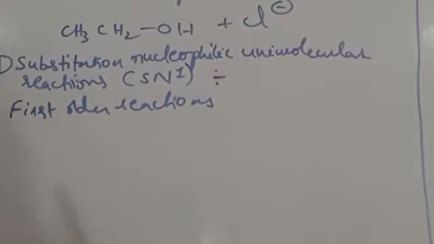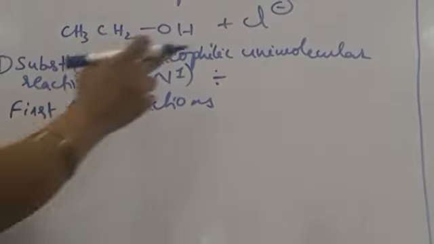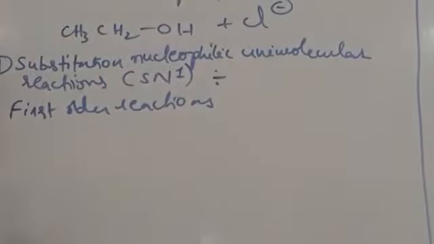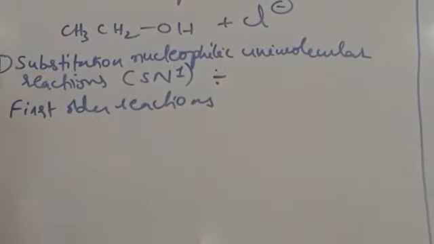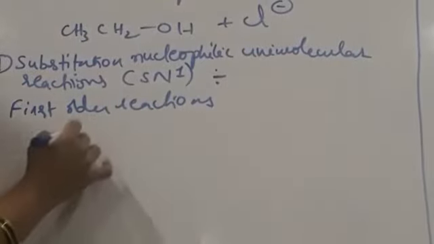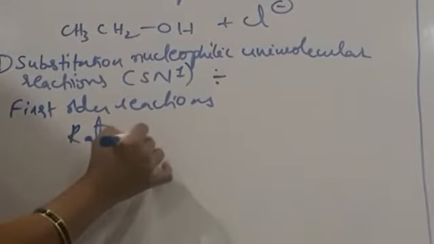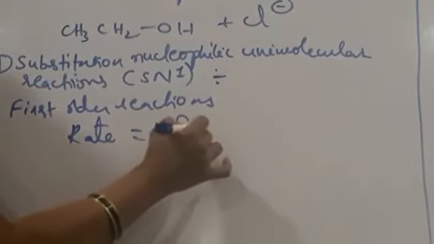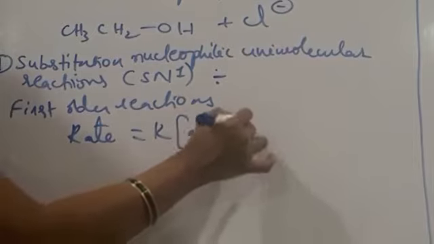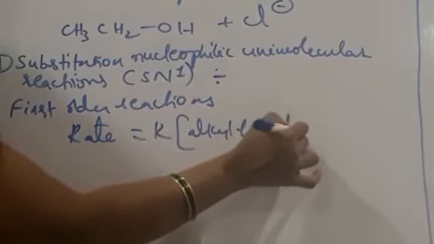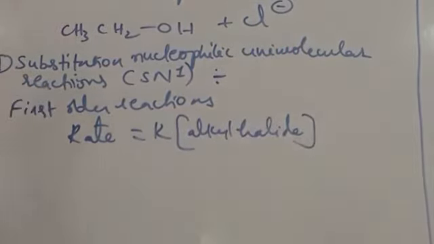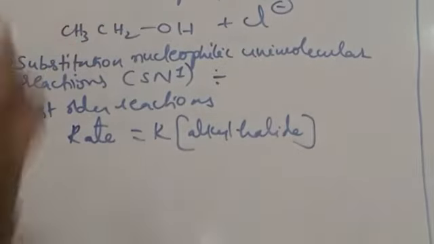So order is 1 for this and molecularity is also 1. Okay? SN1 reactions, molecularity is 1, order is 1. Why? Because the rate of the reaction depends upon the concentration of alkyl halide only, but not on the concentration of nucleophile.